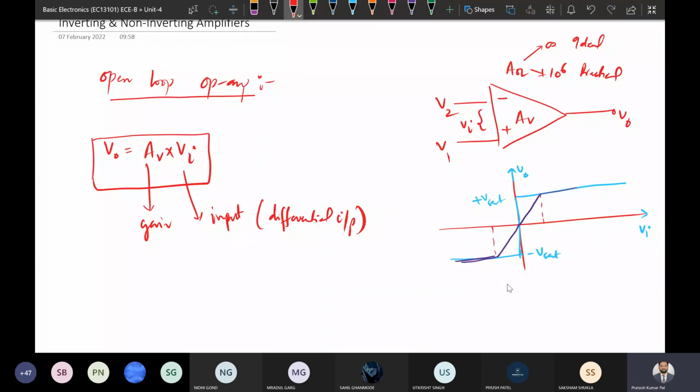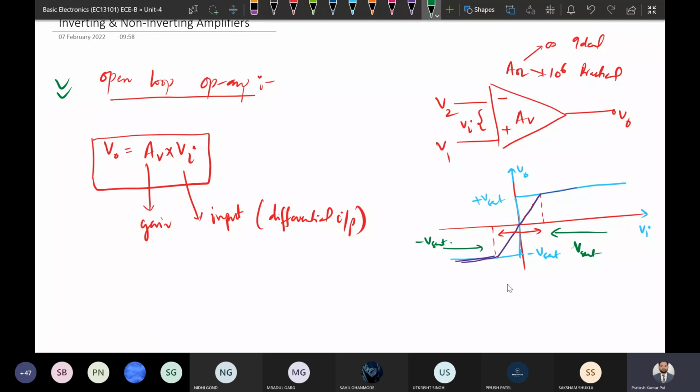If the input is in this range, then in the practical case the output will be linearly dependent, based on the gain. If the input applied is beyond this region, that means the input lies in this region or in this region, then it will be plus V sat output in this case, and minus V sat in this case. This was the open loop analysis we have seen already.